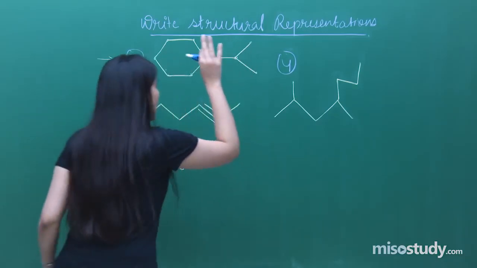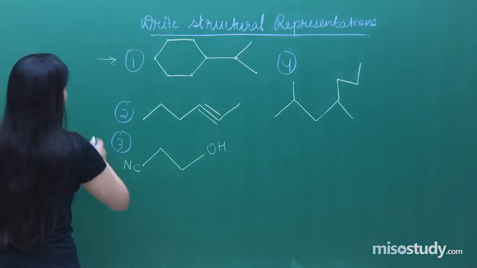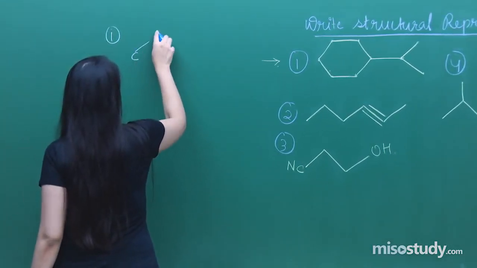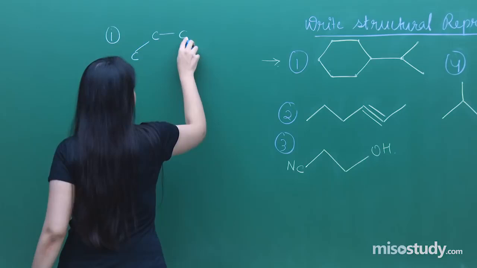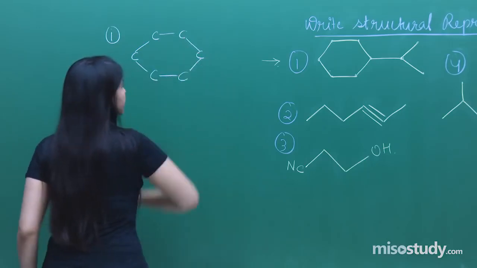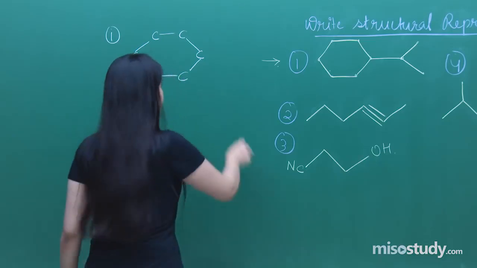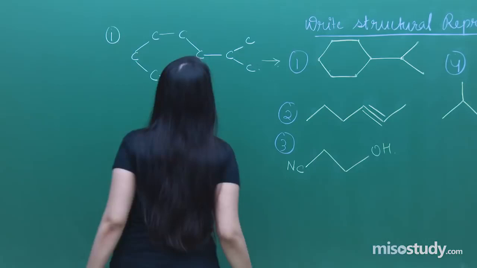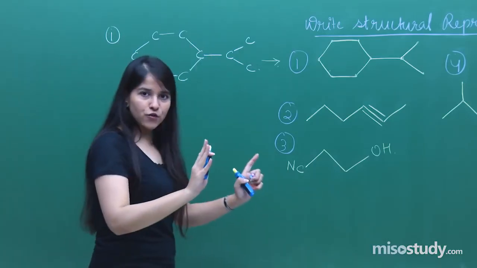So let us just have a skeleton of this. So the first one here would be a carbon, carbon, 6-membered ring. So that is what we want. I hope everybody has done it right. This is a kind of a skeleton of the molecule.